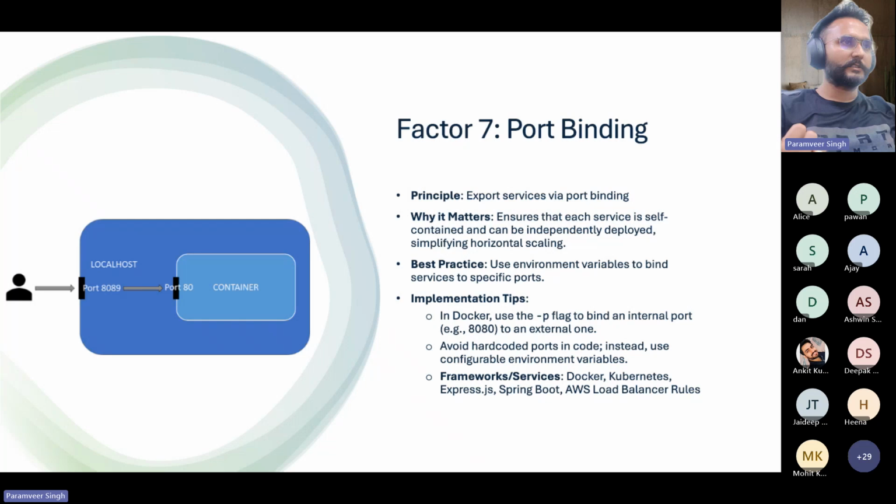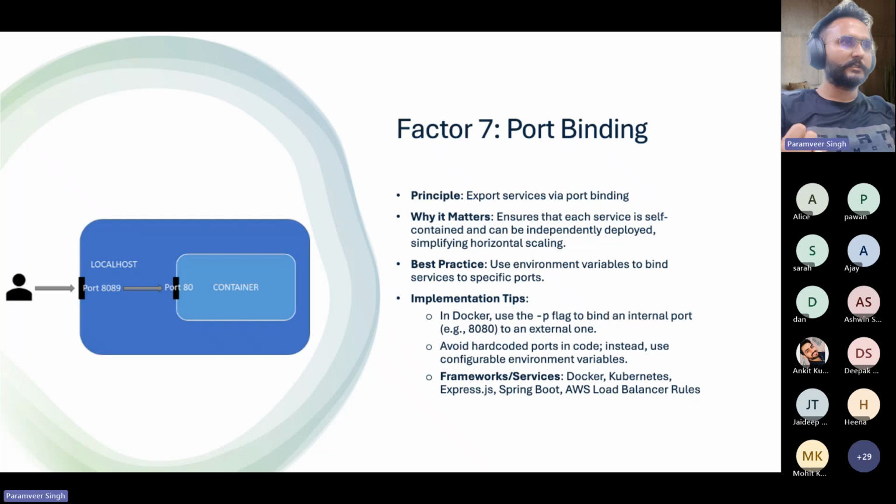Now, it doesn't mean that you have to run your application on port 80. What you can do is have your application running on, let's say, port 3000 for Node applications. It could be 3001, 2, 3, 4, 5. You could have multiple applications running on that same machine with different ports exposed, and outside of it, all these services are exposed on port 80.